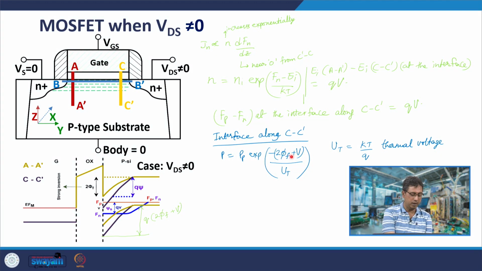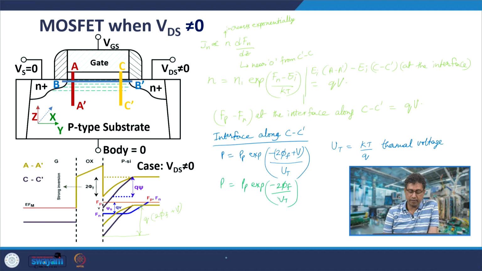So, if we see the hole concentration along AA prime, then it is... again coming back to the electron concentration at the interface along the line CC prime.